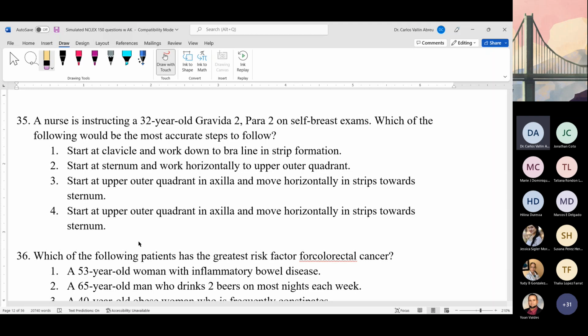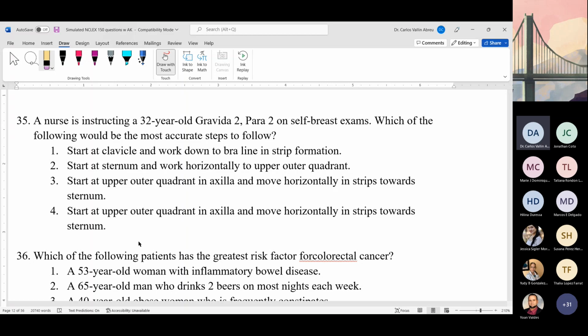Start at the sternum and work horizontally to the upper outer quadrant. 3. Start at the upper outer quadrant in the axilla and move horizontally in a strip toward the sternum. 4. Start at the upper outer quadrant in the axilla and move horizontally in a strip through the sternum.